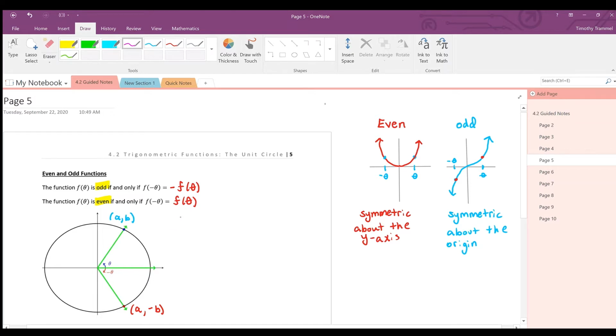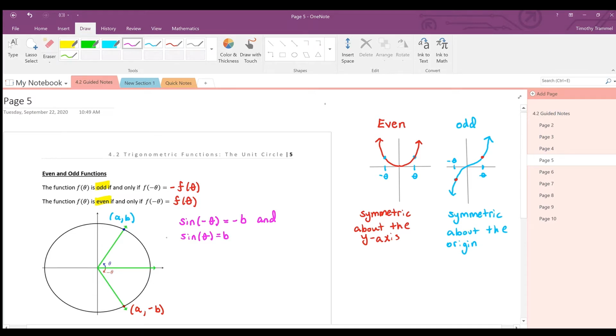We know that sine of minus theta is equal to, so we're looking at this negative angle, and sine of minus theta is the y value, so it's minus b. And if we were to look at sine of theta, well, it's equal to positive b.